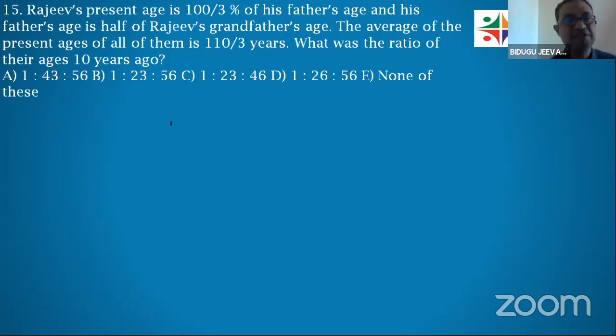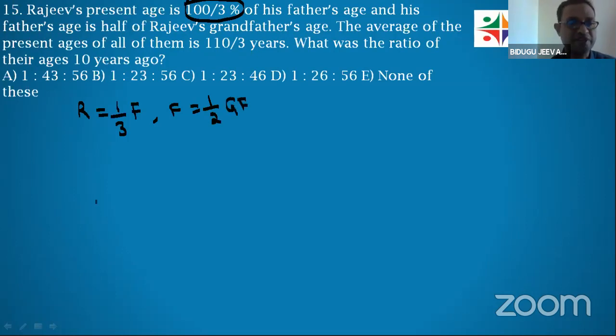Now, this comes under age problems, in terms of percentage calculations. Rajiv's present age is 100 by 3 percent, which means 1/3 of his father's age. His father is half of Rajiv's grandfather's age.